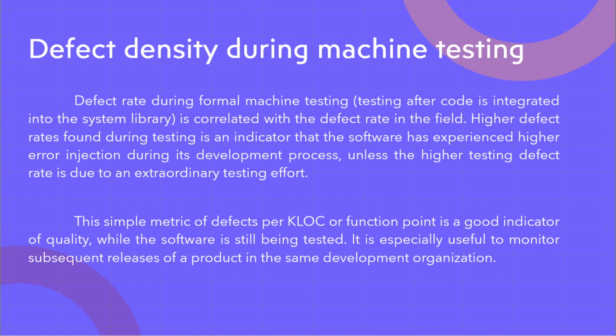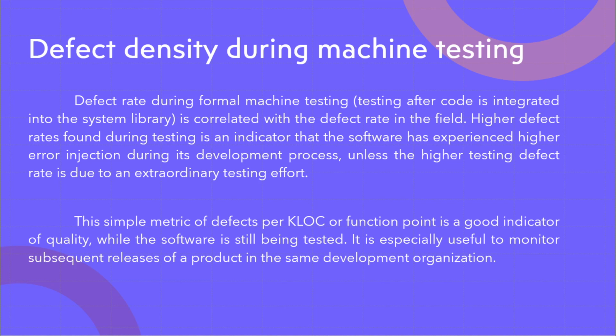In defect density during machine testing, the defect rate during formal machine testing, or testing after code is integrated into the system library, is correlated with the defect rate in the field. Higher defect rates found during testing is an indicator that the software has experienced higher error injection during its development process, unless the higher testing defect rate is due to an extraordinary testing effort.